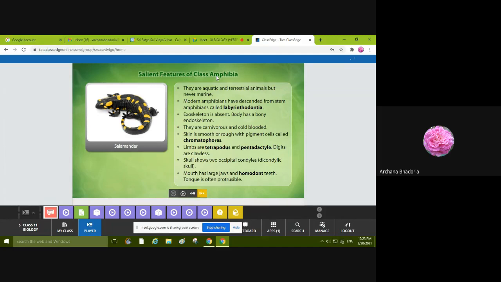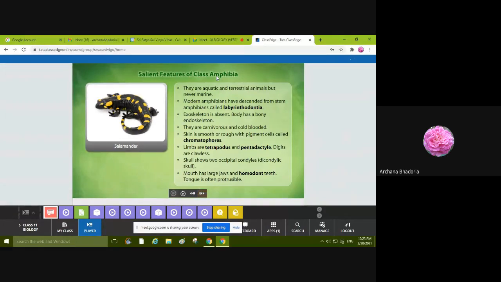They never shifted completely to land. Gradually they shifted. Sometimes they were spending time in water, sometimes on land. Such animals which used both water and land are known as amphibians. So they are aquatic and terrestrial animals, but never marine.